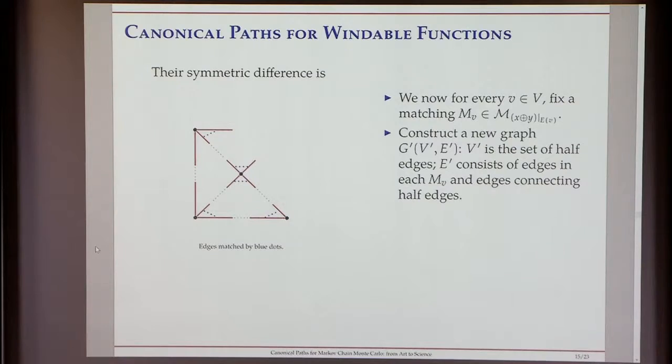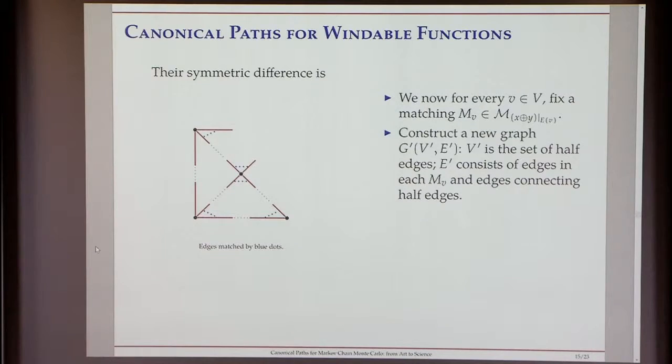The first part is the blue dotted edge, which is an edge in our fixed matching. And the second part consists of those edges connecting half edges, that is, this black dotted edge. So in this way we can construct a new graph.